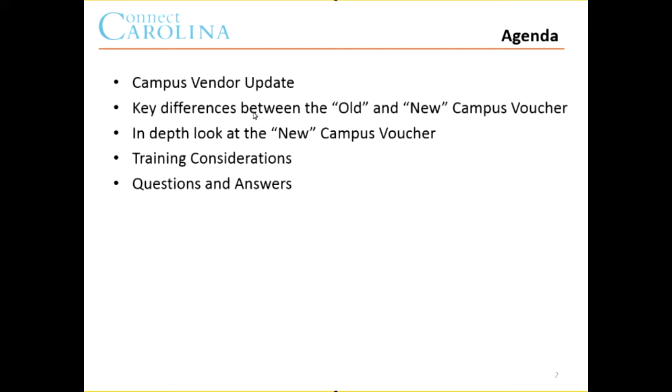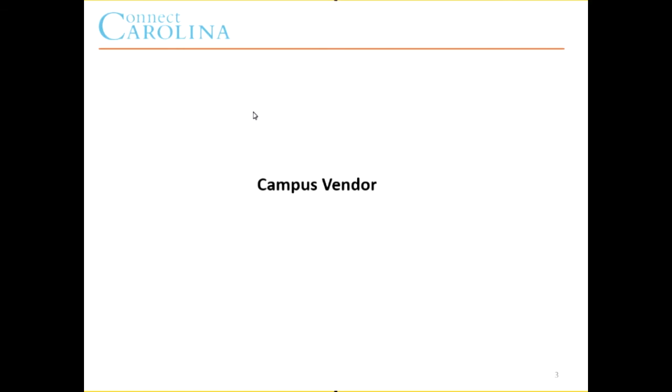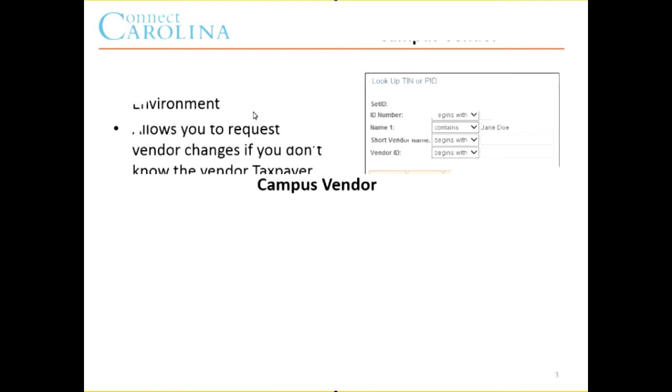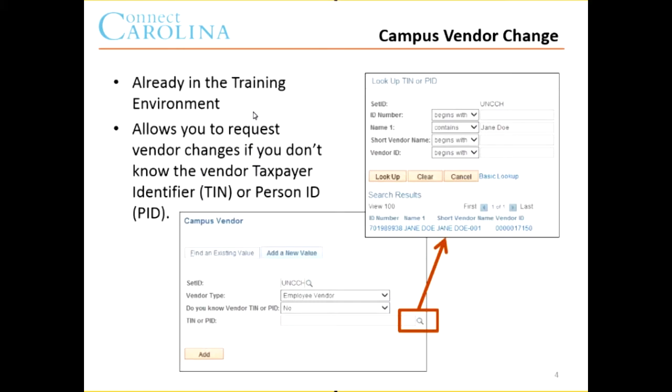Let me kick it off with a quick note on the campus vendor change. I won't demonstrate this. Some of you have probably already seen it. It's already in the training environment, but there's a nice feature that people have been asking for.